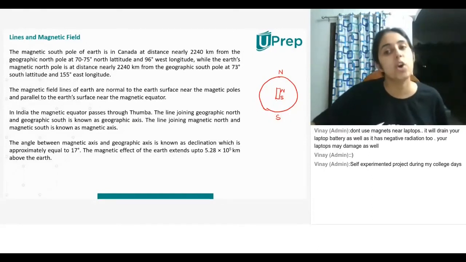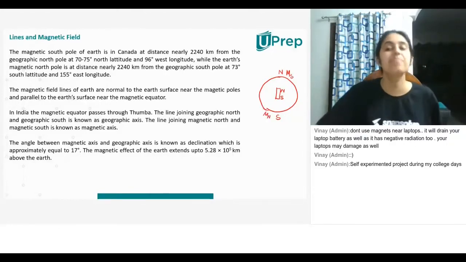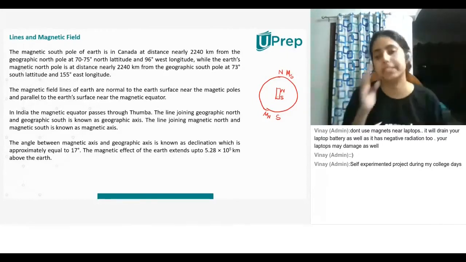But the north pole points towards the magnetic south of the earth, and the south pole points towards the magnetic north of the earth. Okay, so not completely in line, but somewhere towards that.